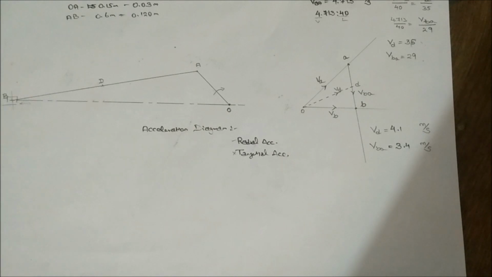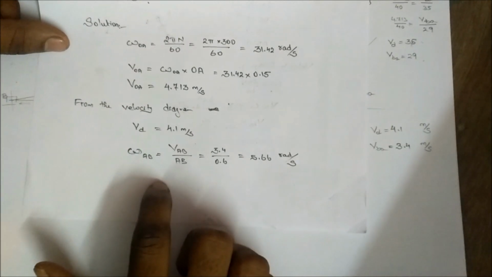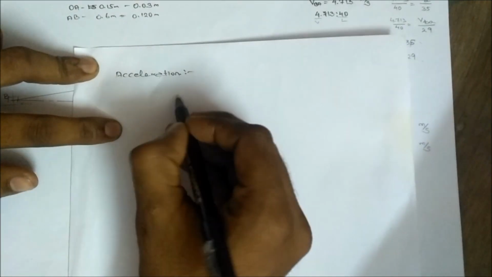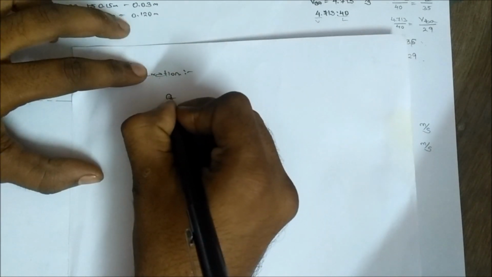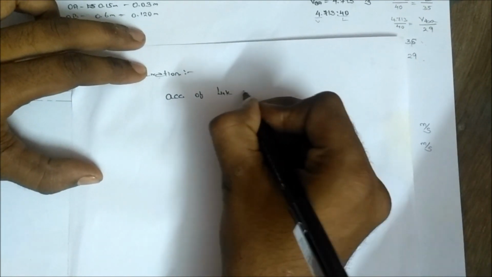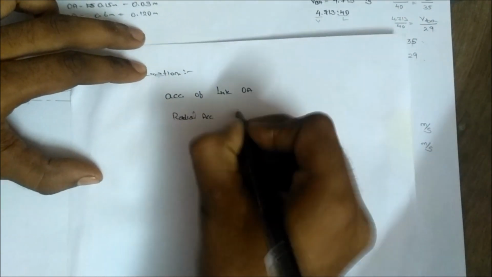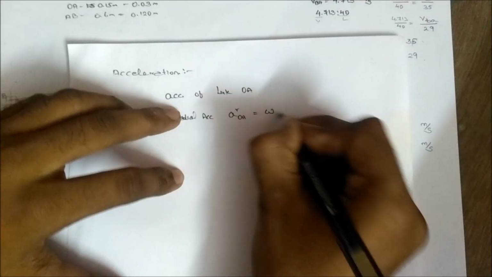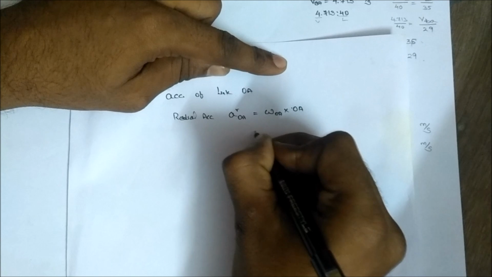So again we will go with the problem. We have found the angular velocity omega and the velocity of the point D. So we will go with the acceleration next. To find out the acceleration of link OA, radial acceleration first we will take, that is a_r of OA, which is equal to omega squared into OA, the radius.